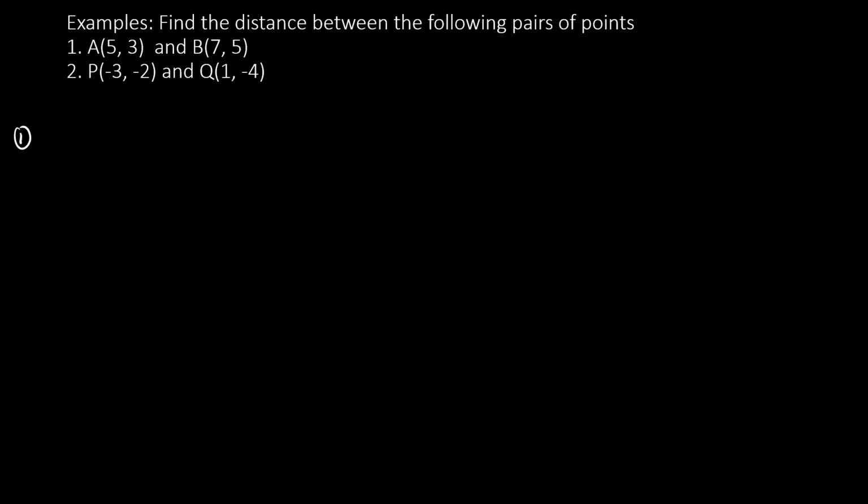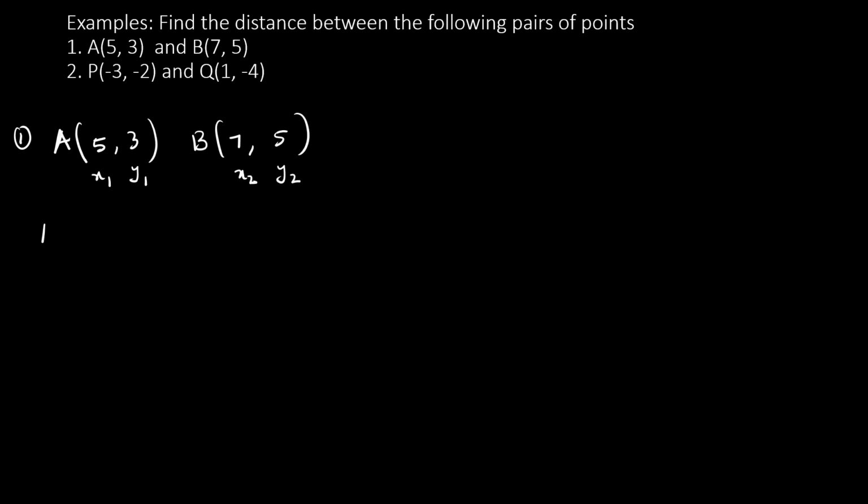We are going to use our formula direct to find the distance between points A and B as we have in this question. The first one is point A and B, with A having the coordinate 5, 3, and point B having the coordinate 7, 5. Here we can have that 5 is our x1, 3 is y1, 7 is x2, and 5 is y2.